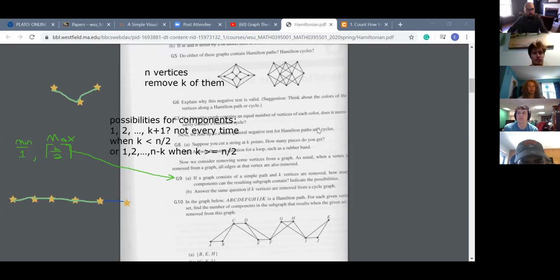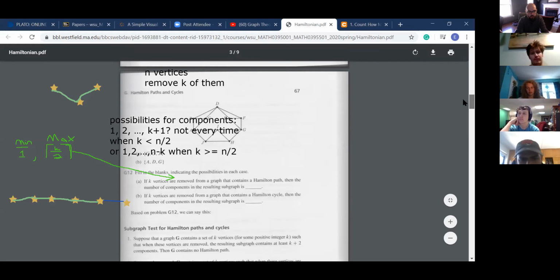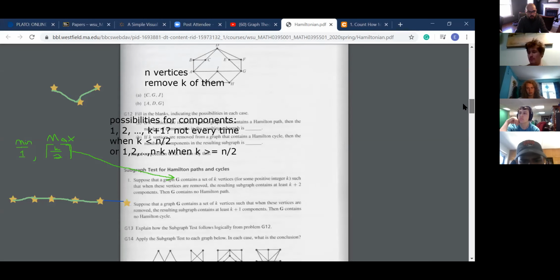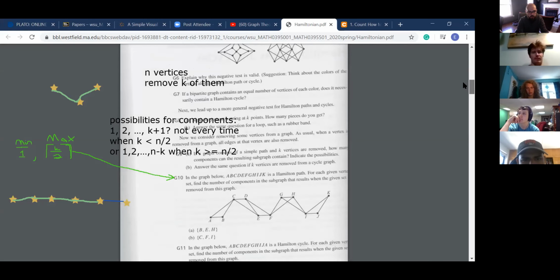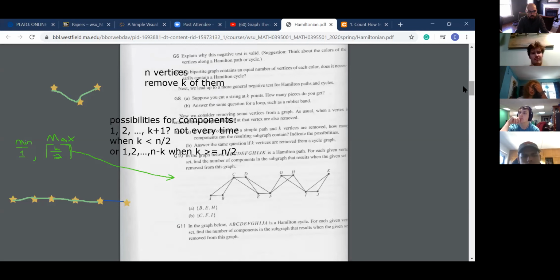All right. I mean, things are kind of getting a mess here. Another way that we could write this is you could have 1, 2, up to the minimum of k plus 1 and n minus k.